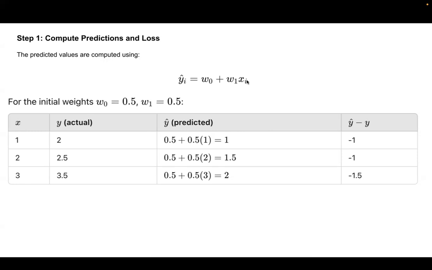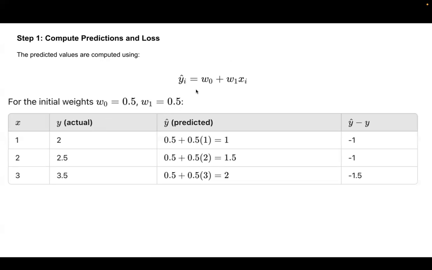We had 3 values, right? So x0 will be 1, x1 will be 2, x2 will be 3. For the initial weights, W0, which is the bias, and W1, the weight, are both 0.5, assumed simply the same. There's no particular reason for selecting these two the same.